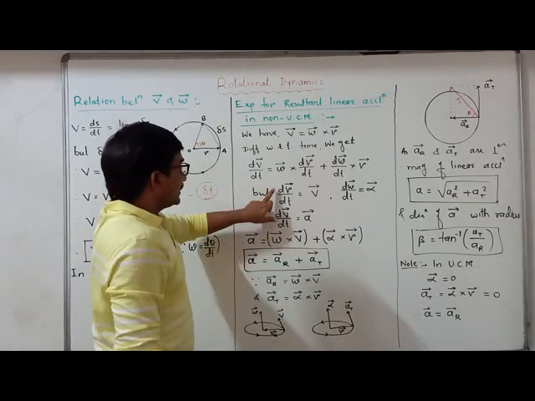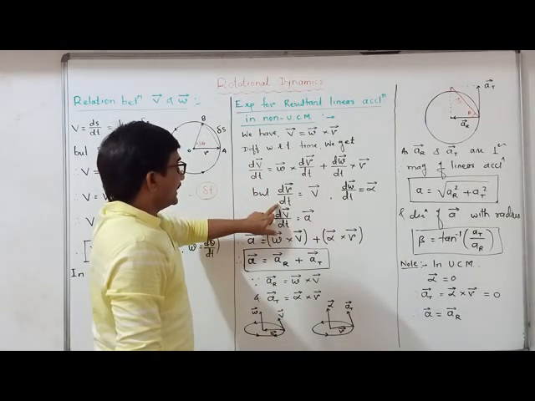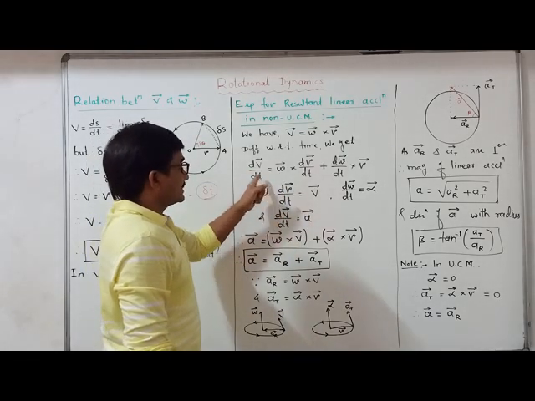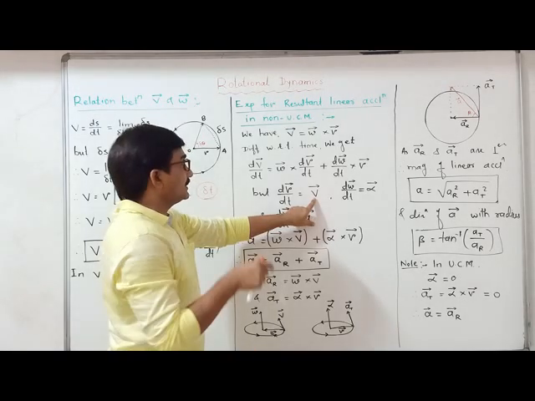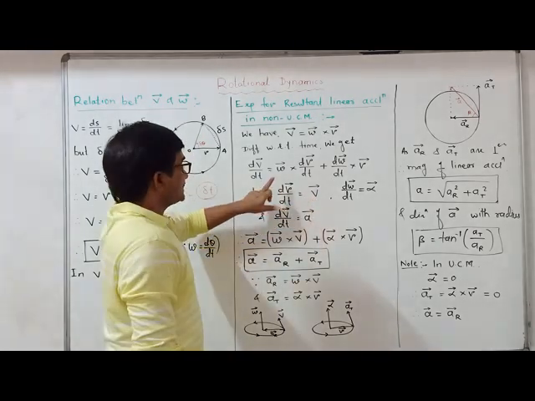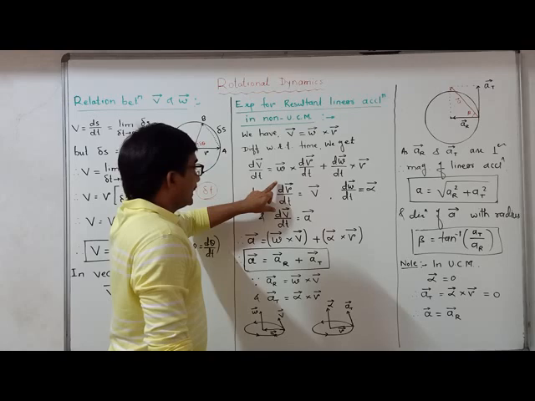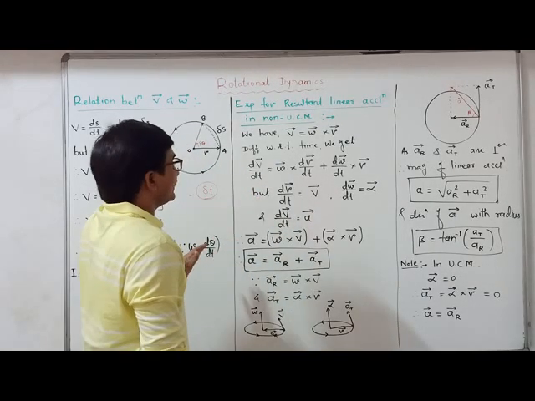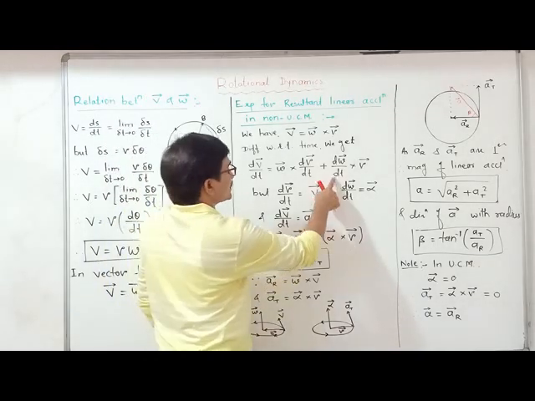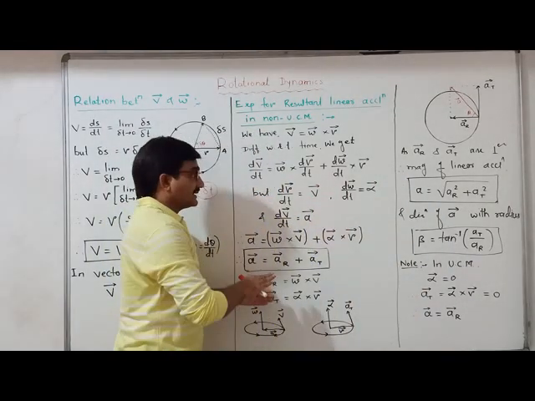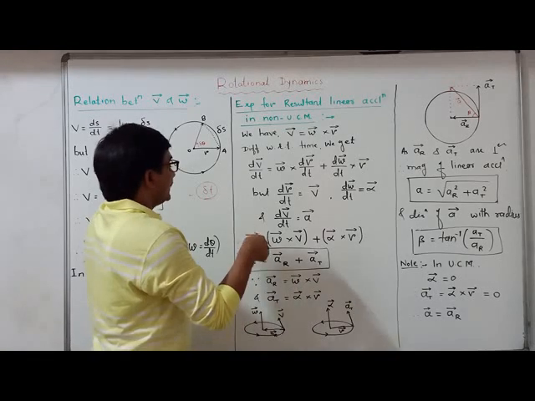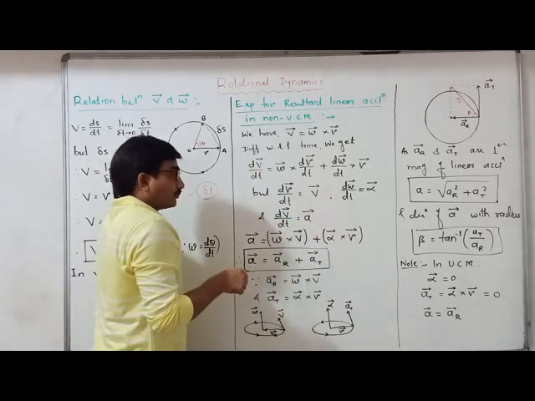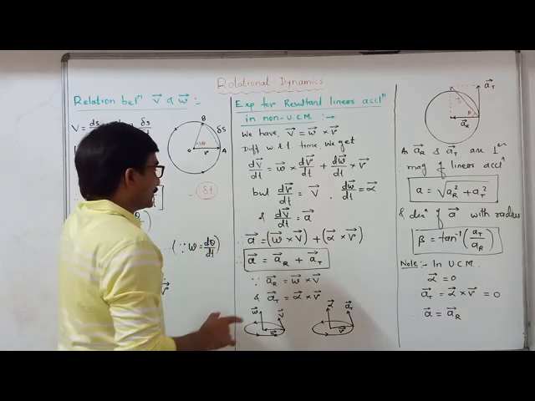Note that vector dr divided by dt, where r is the radius, meaning distance, gives the linear velocity. Again we know that the rate of change of angular velocity is called angular acceleration, and the rate of change of linear velocity with respect to time gives the linear acceleration.